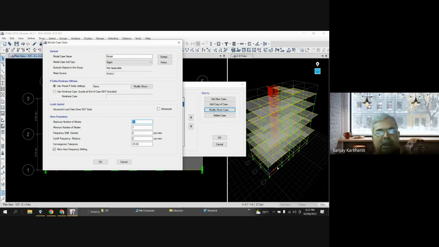As a rough calculation, how many floors are there? 1, 2, 3, 4, 5, 6. So 6 floors are there. Every floor will vibrate in the X direction and in the Y direction. So the number of modes will be 2 per floor. So 6 into 2, 12. So in our case, 12 is sufficient.